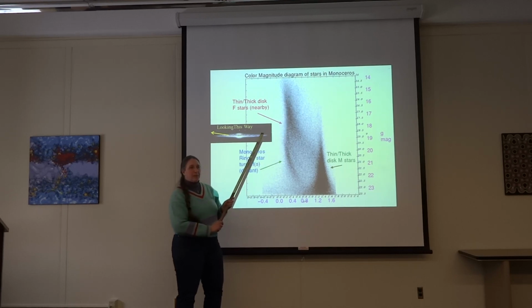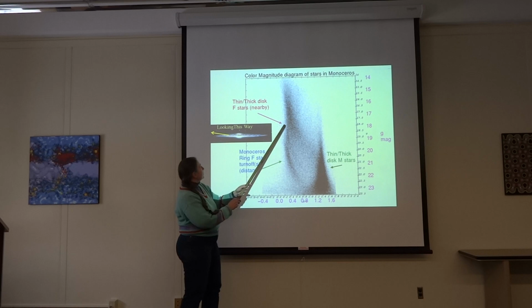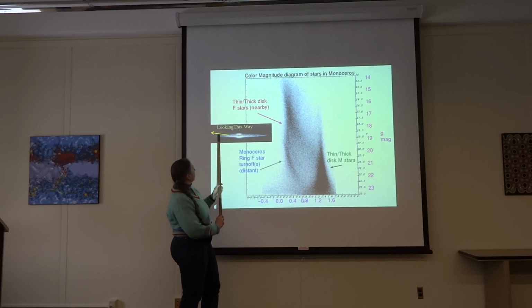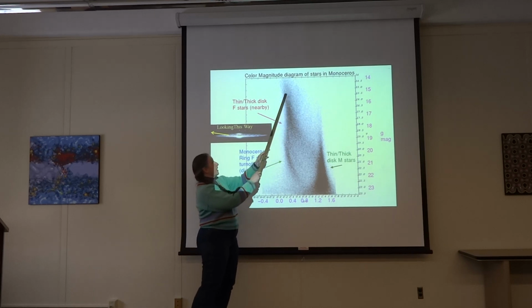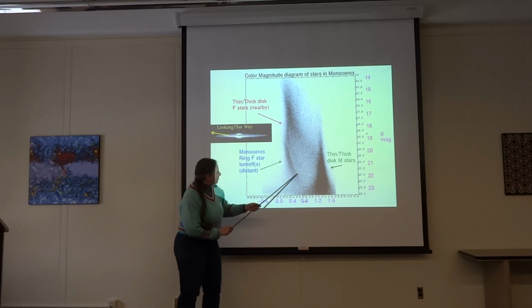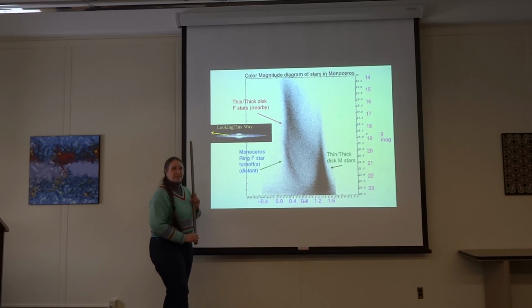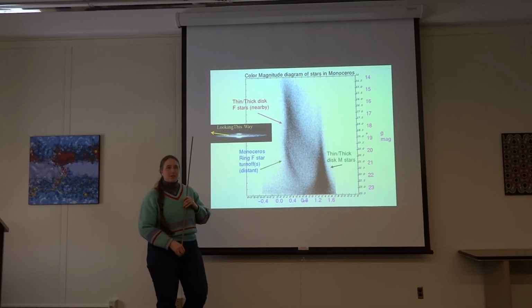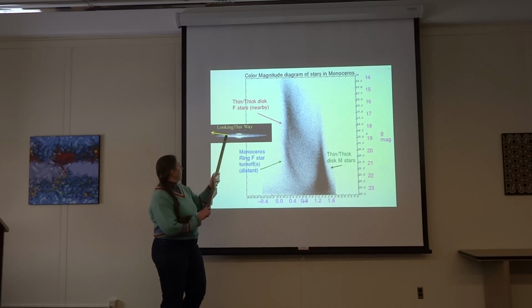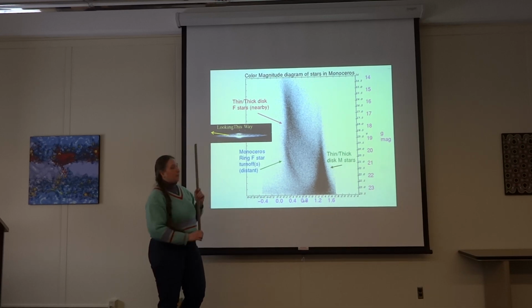And so we might look at that and say, okay, this looks like we're seeing stars in the disk, right, that are all spread at different distances. But here, we saw there were stars that looked like they were all at the same distance, and it was about out here, out farther than we thought the disk was. And we saw that around at different angles around the Milky Way.